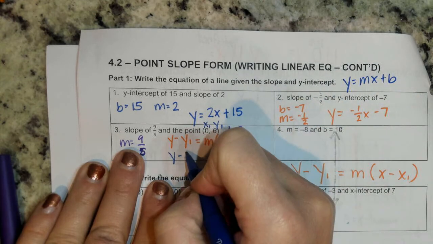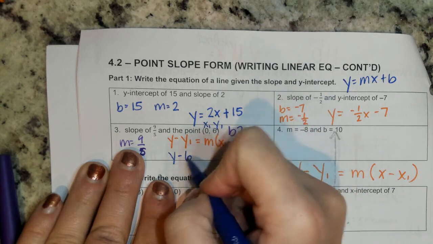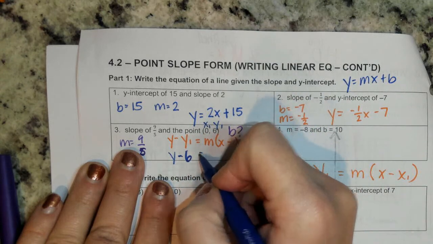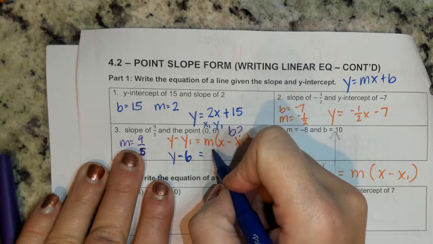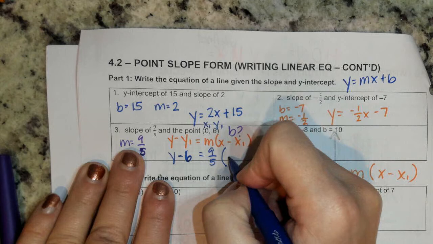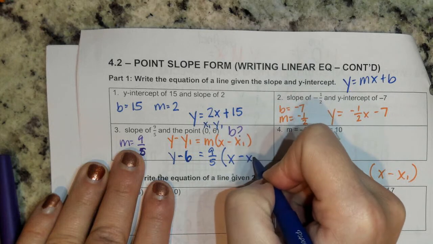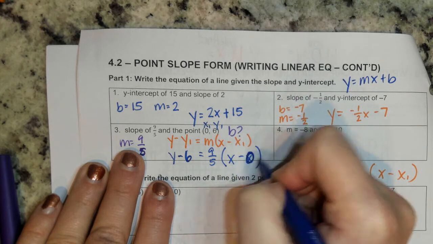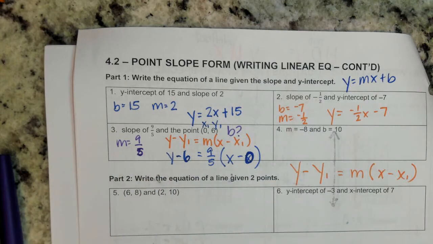Your y1 is 6. So y minus 6 equals m, which is 9/5, times x minus x1, which was 0. Oops. Okay. I'm going to give you a second to write that in.